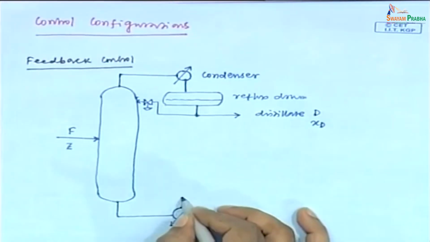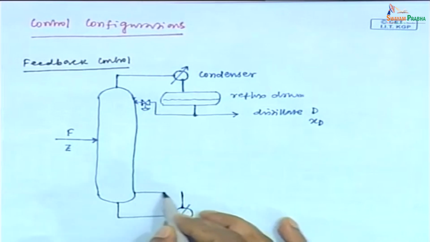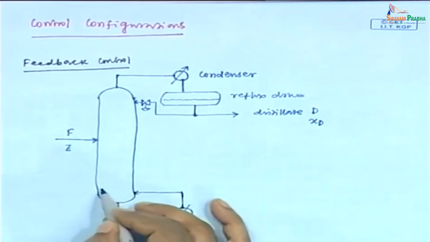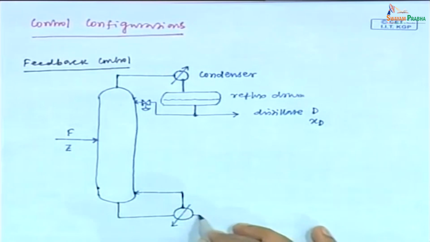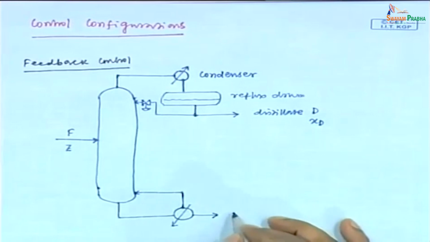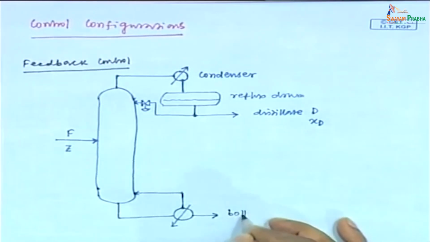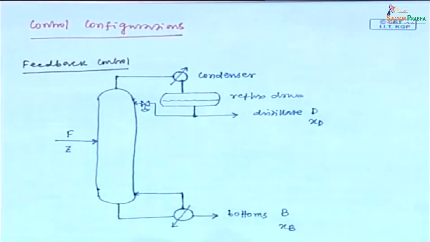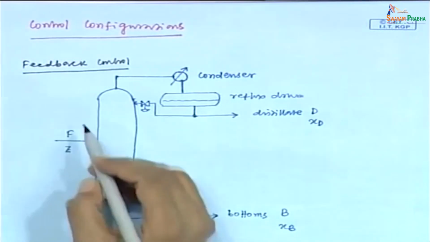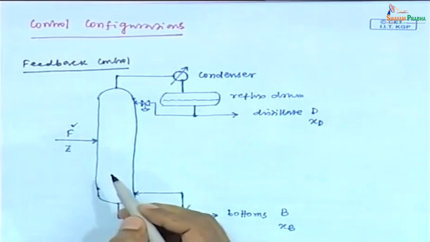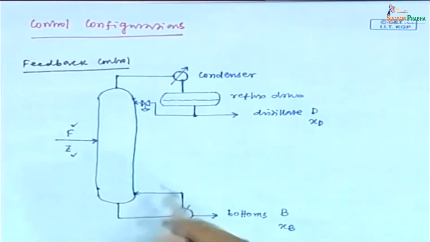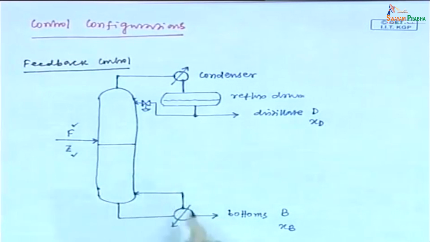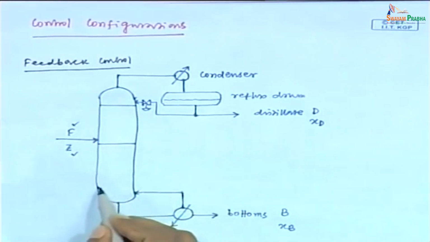The produced vapor is recycled back to the bottom tray and some amount of liquid is taken out as bottoms with flow rate B and composition XB. Fine. So, feed is introduced with flow rate F, composition Z. This is the feed tray, this is the top tray, this is the bottom tray.